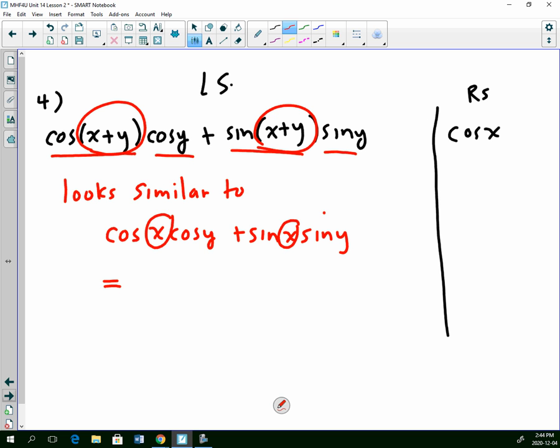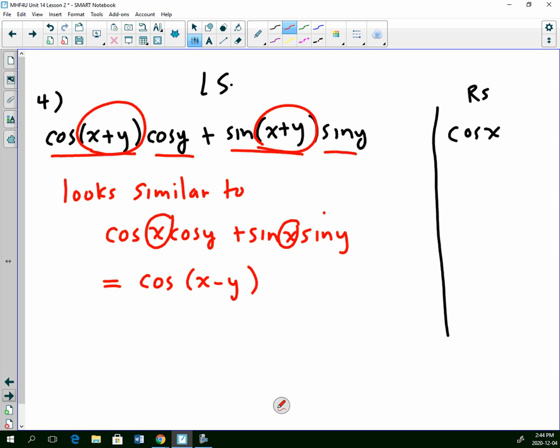So cos x cos y plus sine x sine y is the expanded form of cos (x minus y). Right? These are equal. So if I expand cos (x minus y), I will get cos x cos y plus sine x sine y. So the identity is given in the expanded form, and I'm going to contract it back to the cosine (x minus y) form.